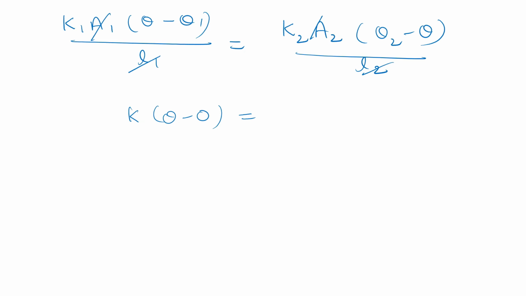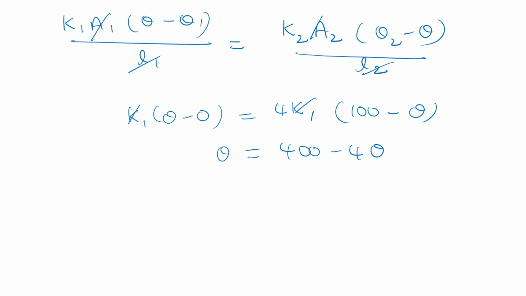K1 by K2 is given as 1:4, so K2 is 4 K1. Now K1 gets cancelled. Theta is equal to 400 minus 4 into theta.